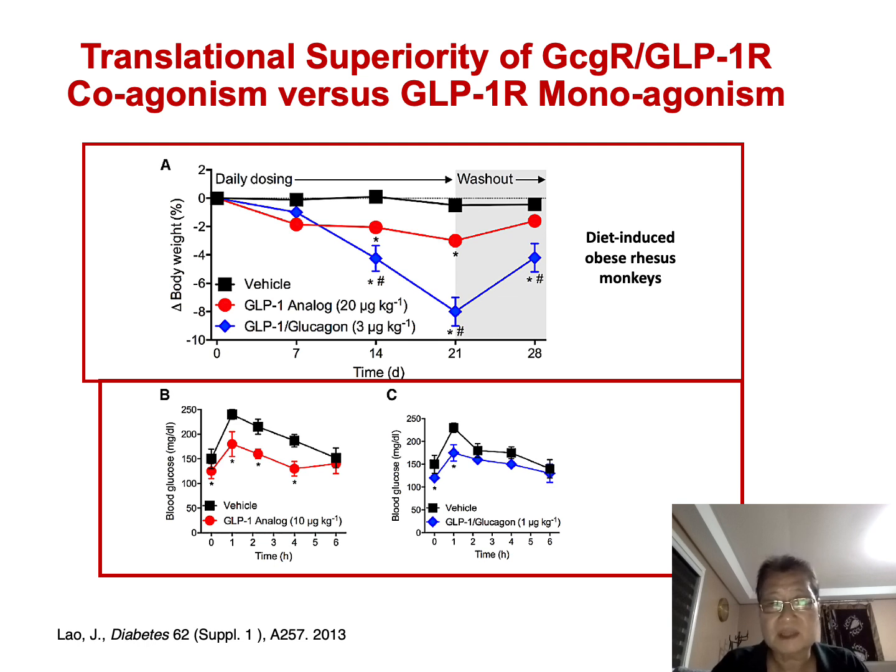Okay, you can see a tenfold lower dose of glucagon receptor and GLP-1 receptor coagonist, that's blue diamond, in a diabetic rhesus monkey. So statistically significant, a tenfold lower dose of combined hormone versus one hormone.